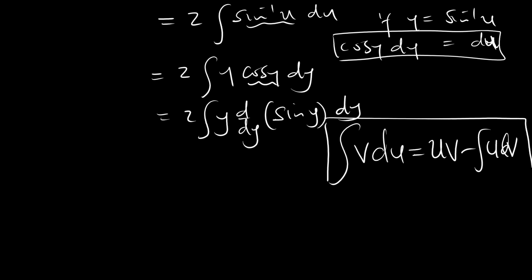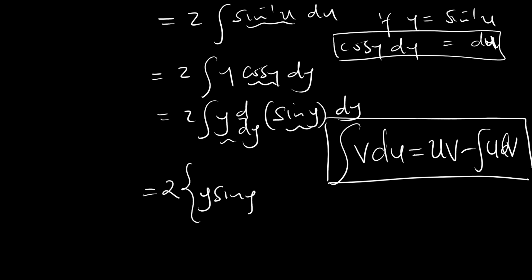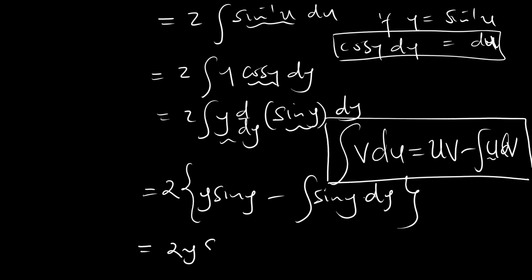With that in mind, our u being sine y and our v being y, we have 2 times uv, which is y sine y, minus the integral of sine y, where our v is y and so dv is going to be the derivative of y with respect to y, which is 1. So that is our integral, which is 2y sine y plus cosine y plus the integration constant.